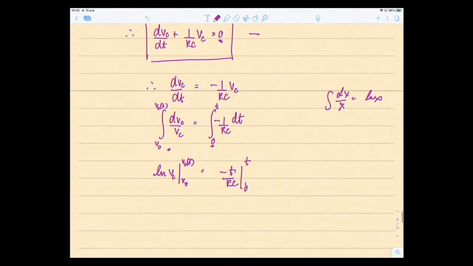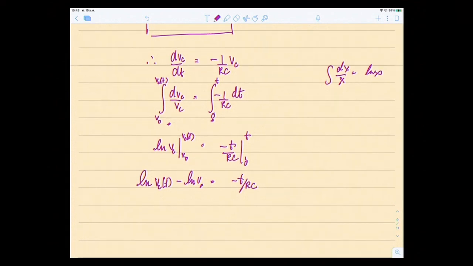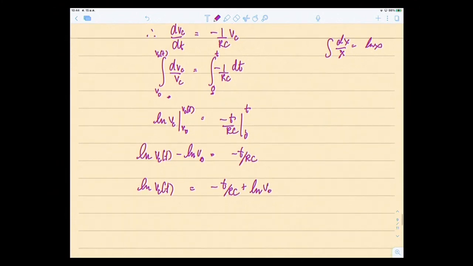So ln VC of t minus ln V naught equals minus t over RC. Then ln VC of t equals minus t over RC plus ln V naught. To get rid of the natural log, we take the exponential.